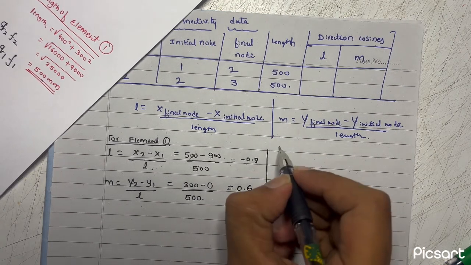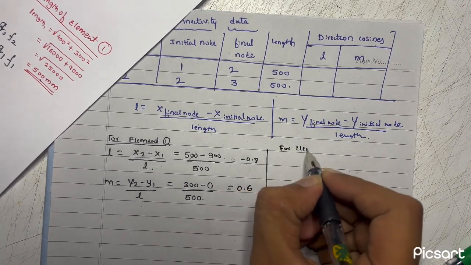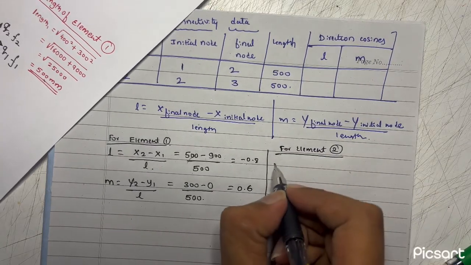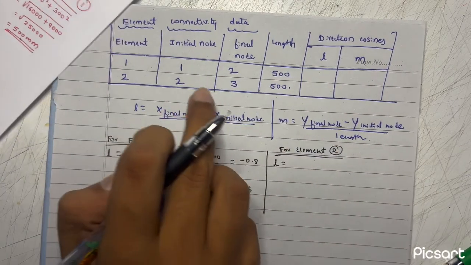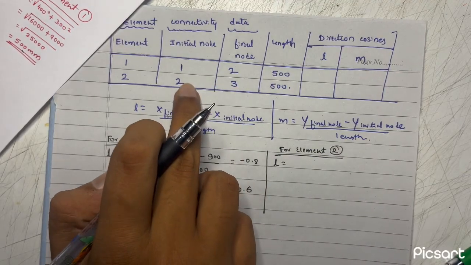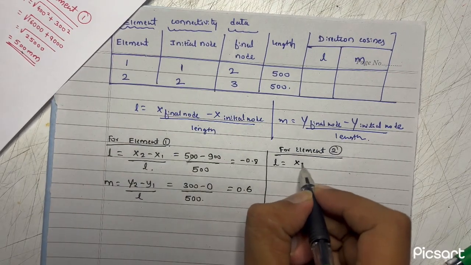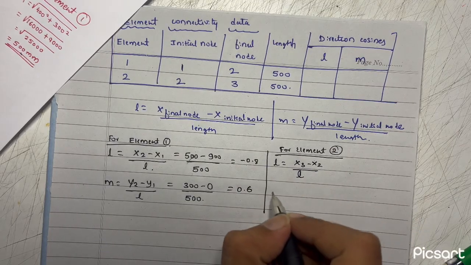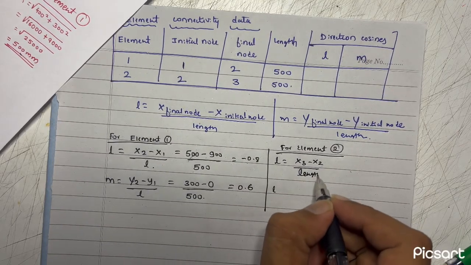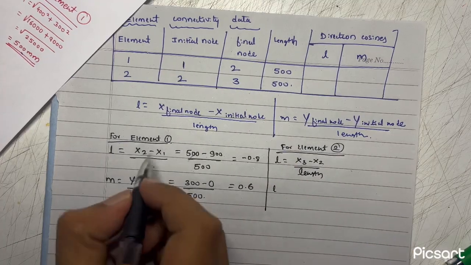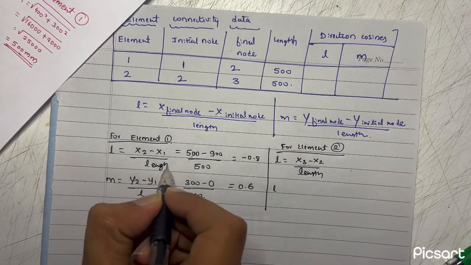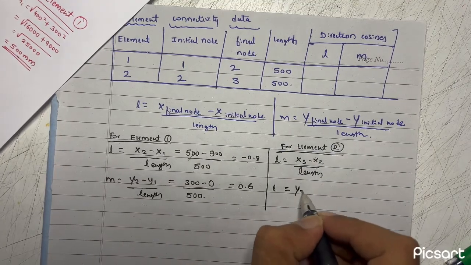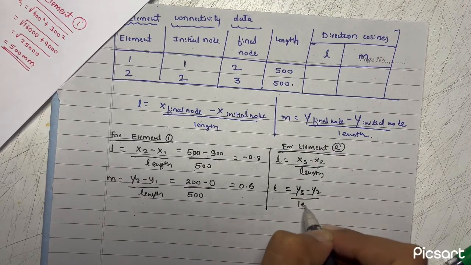Similarly, for element 2, the final node is 3 and the initial node is 2. So L will be x3 minus x2 divided by length, and M is y3 minus y2 by length.